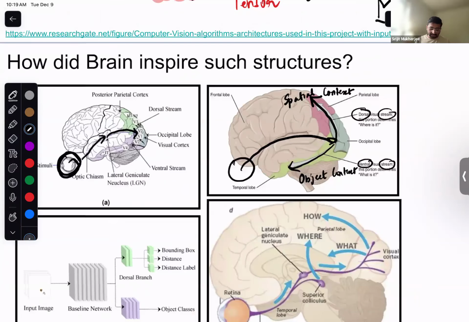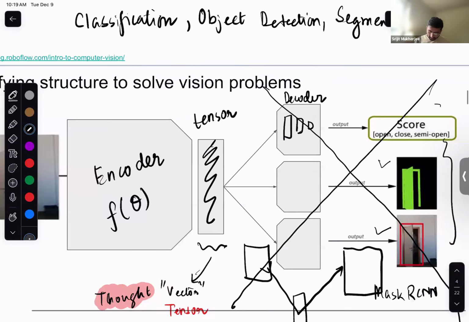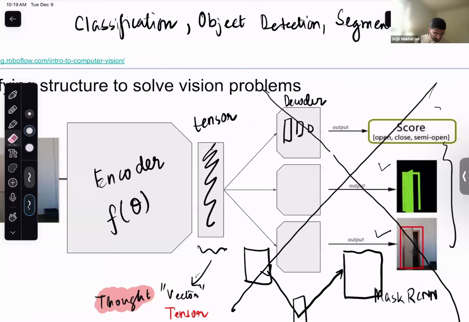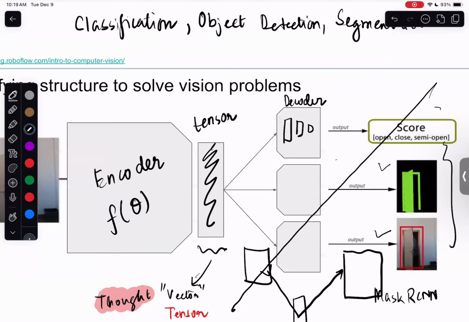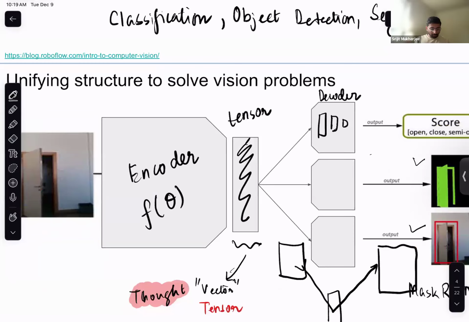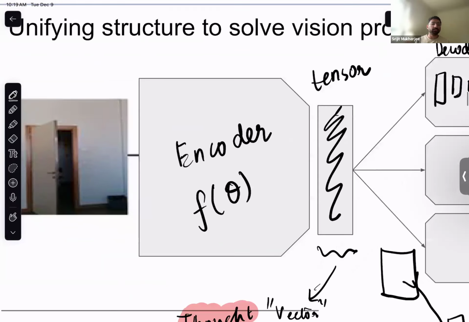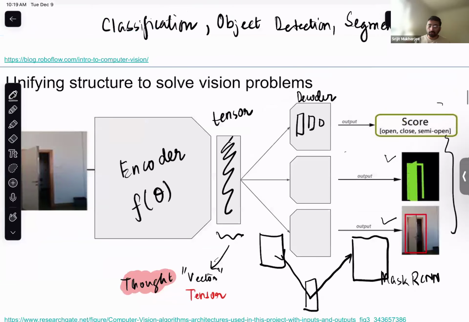For example, to give you an idea, when you have this door, when you're doing classification, probably you just need the features of, okay, there is brown, there is a woody kind of texture, or there is a door handle. You don't need the entire spatial resolution to detect if it's a door or not.